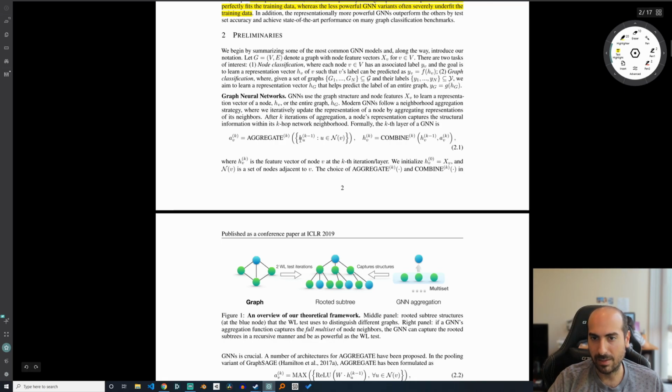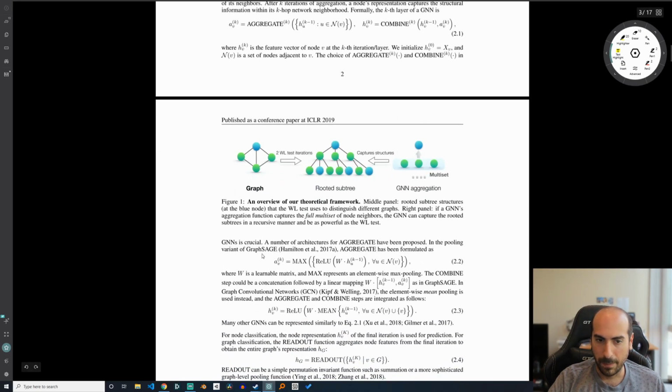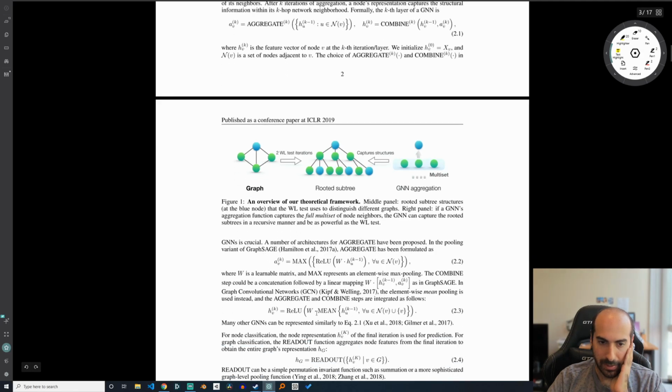That set is then aggregated in some way using some pooling mechanism, which is basically either a sum or an average or some other similar operation. In the pooling variant of GraphSAGE, the aggregate is reformulated as you take the ReLU of this, and in graph convolutional networks, it's W times the mean.